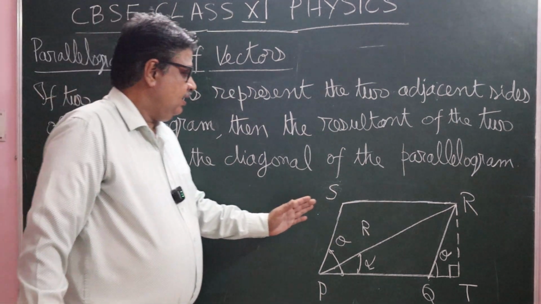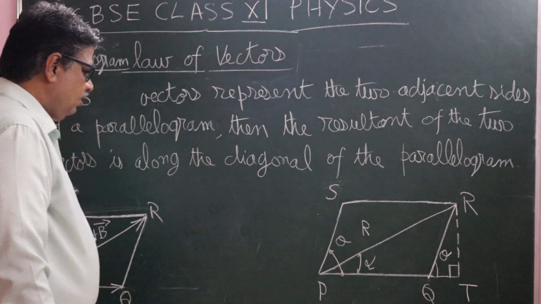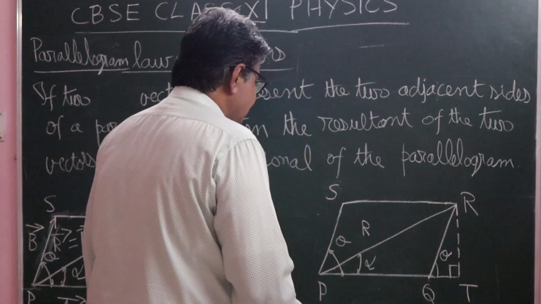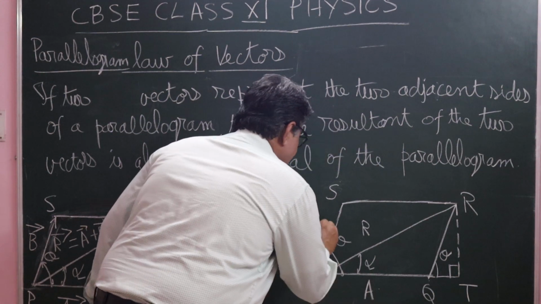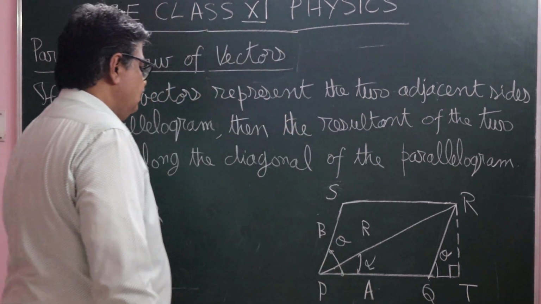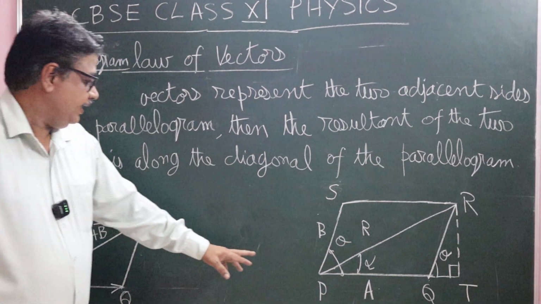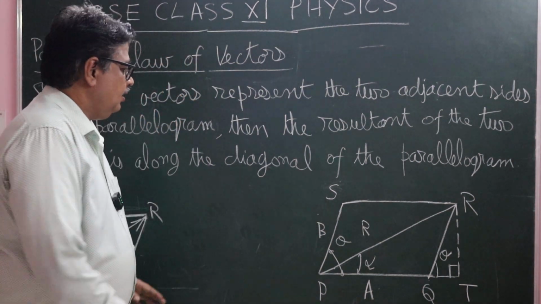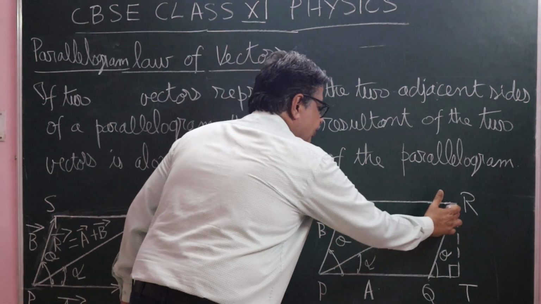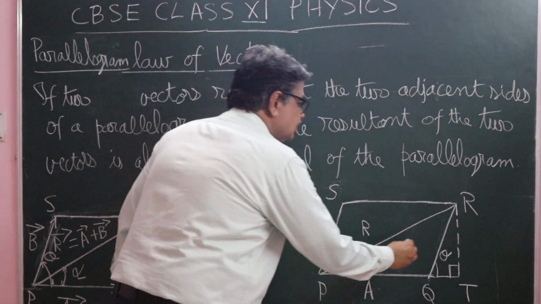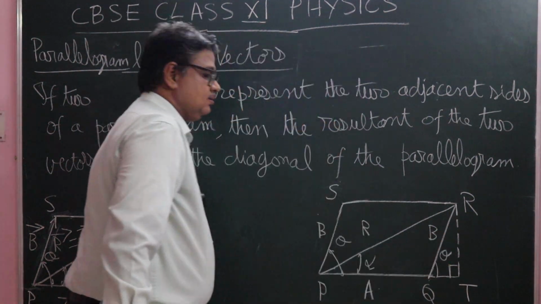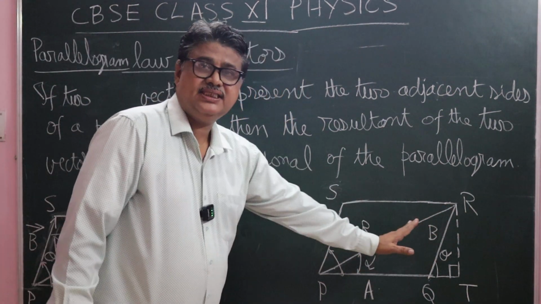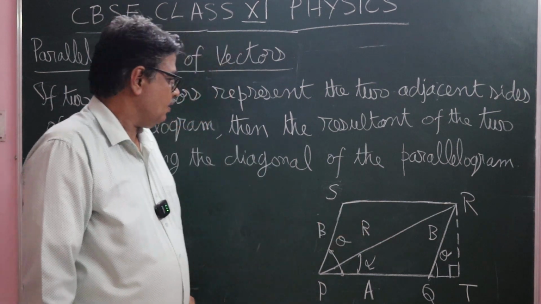Now let us consider only the magnitude. Here I represent this as A, this as B. PQ is A, PS is B. PS is equal to QR, this is also B. Opposite sides of a parallelogram are equal.